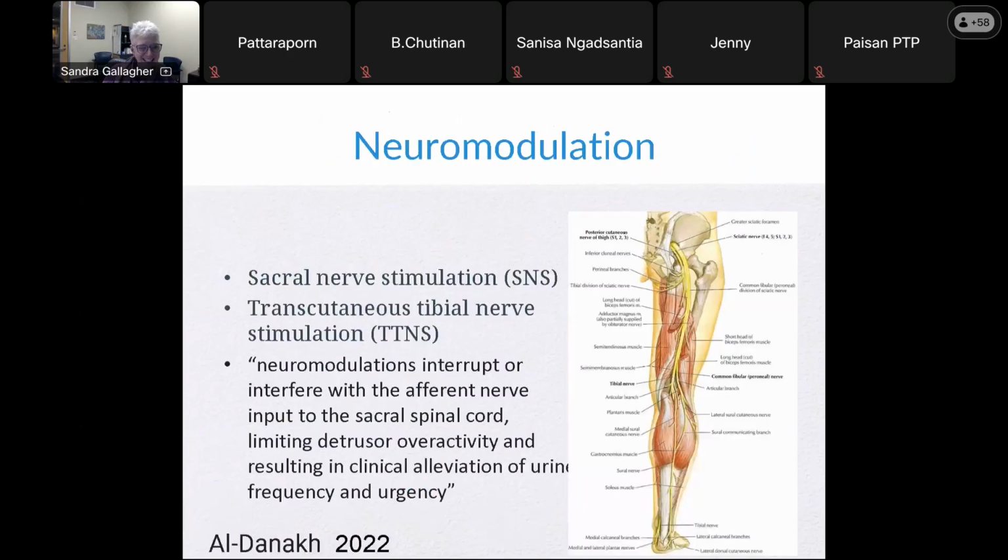The connection, if I haven't shown you this image enough, is again about how the nervous system and the nerves to the pelvic floor originate through sacral roots 2, 3, and 4, as do the components of the tibial nerve, where this is most commonly studied.